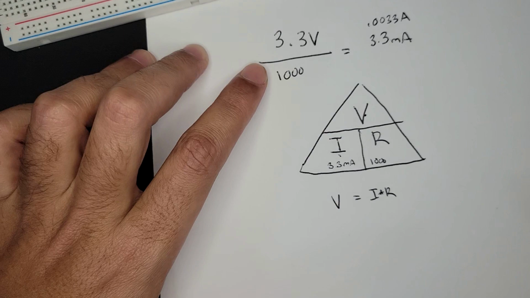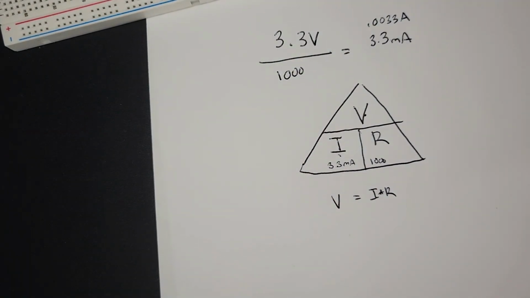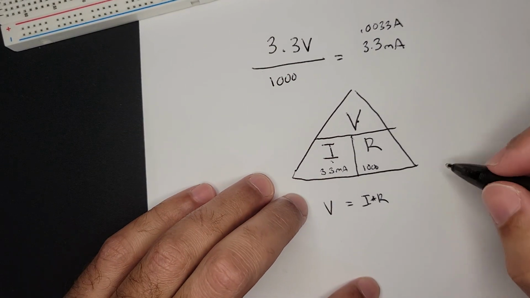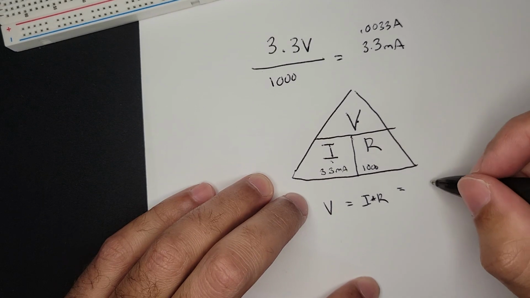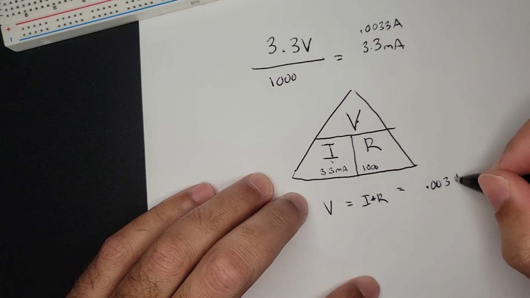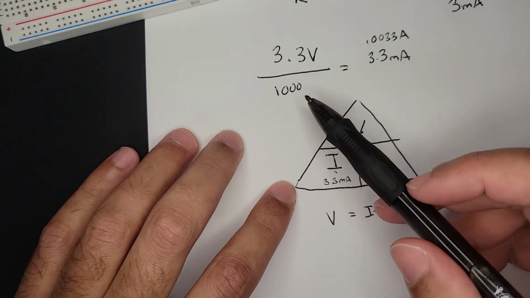We know that our I is 3.3 milliamps, but we should probably convert it to amps. So let me get my calculator on my computer here. So 3.3 milliamps divided by 1,000 is 0.0033. So we have V equals 0.0033. And then we're going to multiply by our resistance, which we know is 1,000.